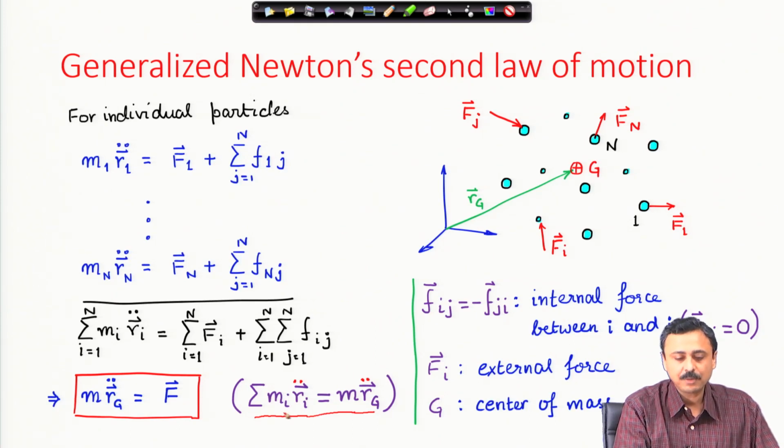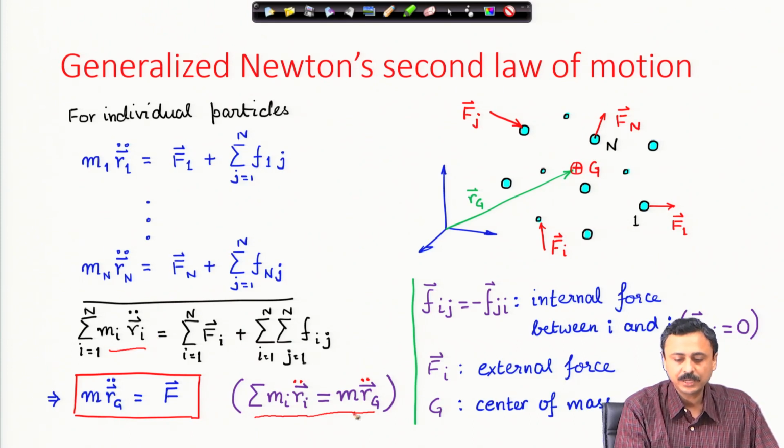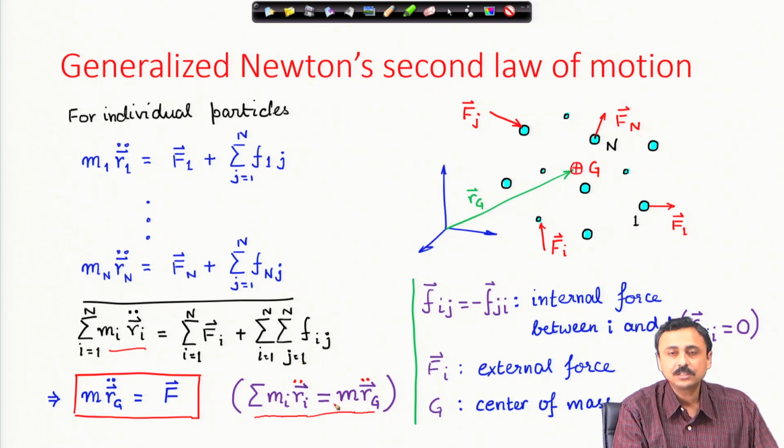Summation of m_i r_i double dot, which appears here, must be equal to total mass times acceleration of the center of mass. And on the right hand side we have the summation of all the external forces, so it is the total force acting on the system. The double summation of the internal forces, as I just now mentioned, must vanish.